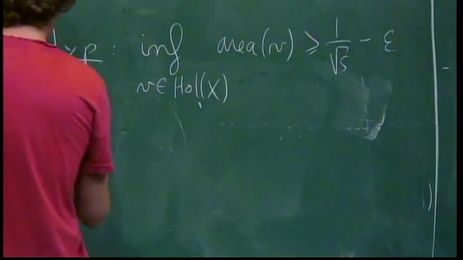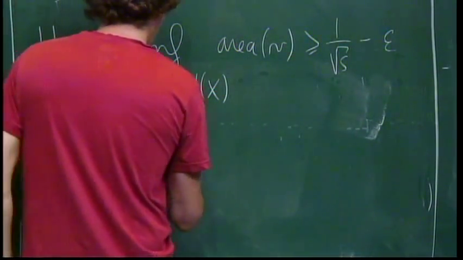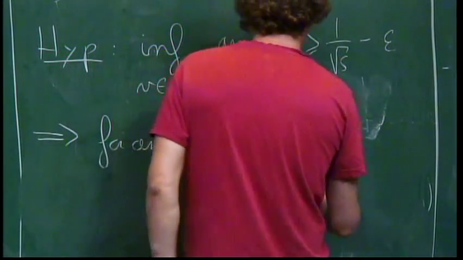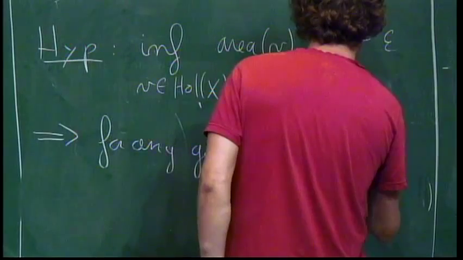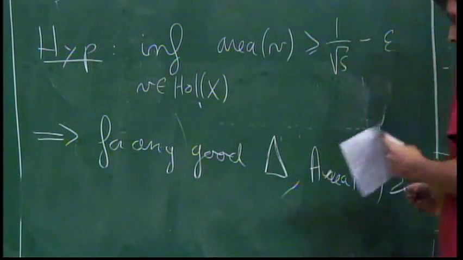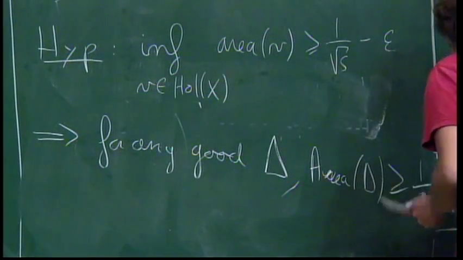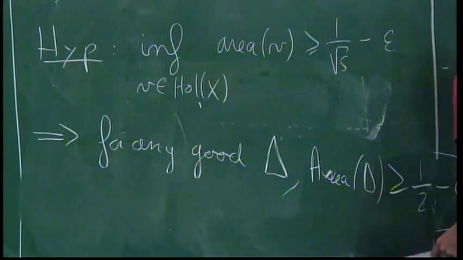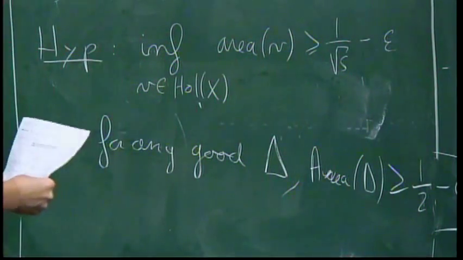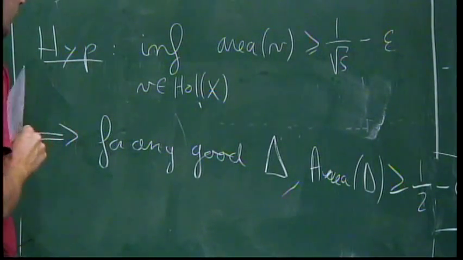So this implies that for any good triangle, any good delta, the area of delta is bigger than 1/2 minus a constant times epsilon. And the constant does not depend on D yet. Perhaps you remember that I lose a D. There is a D involved, but you will see.